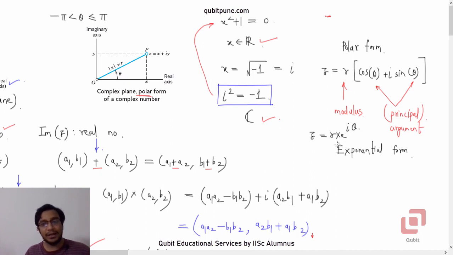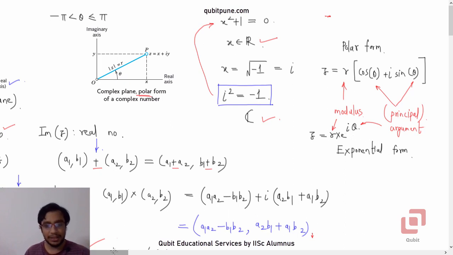In fact the connection between the exponential function e to the power x and the two trigonometric functions sin x and cos x comes from the exponential form of complex numbers and the Maclaurin series of cos, sin and e to the power x. So the same two quantities, the modulus and the argument of the complex number, are used to define the exponential form as well as the polar form.